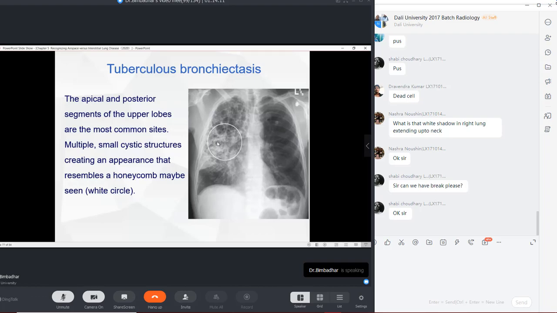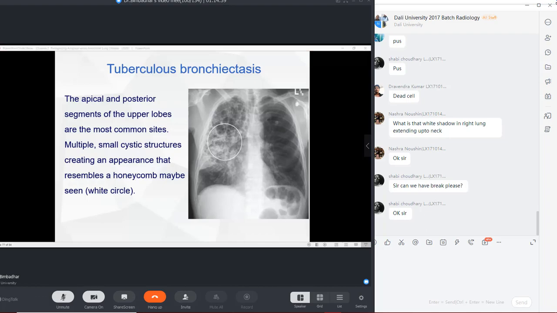Now all the bronchi are looking dilated, and there is a heterogeneous density involving a single segment or a single lobe of the lung. Can somebody tell me which lobe is involved here? Is it the upper lobe or lower lobe?